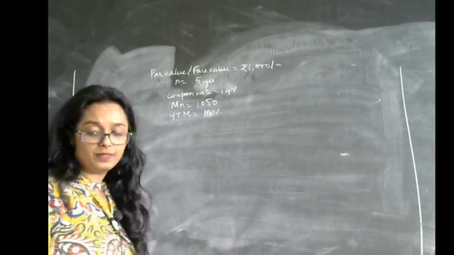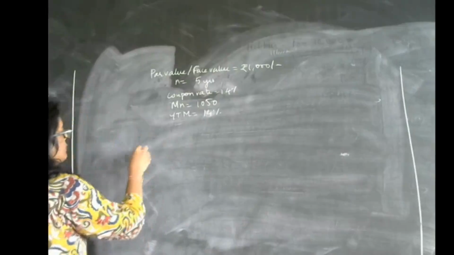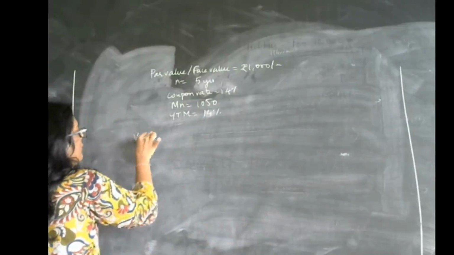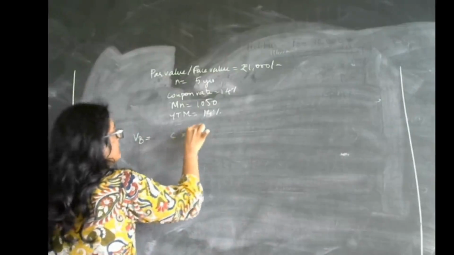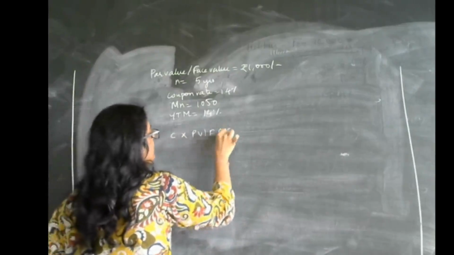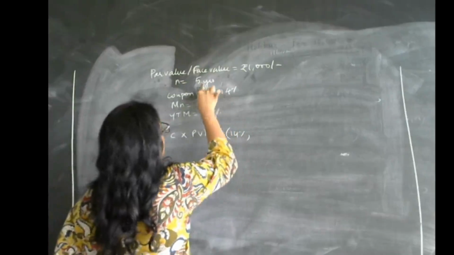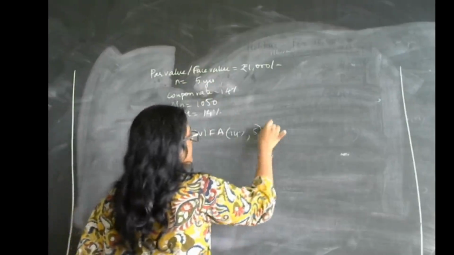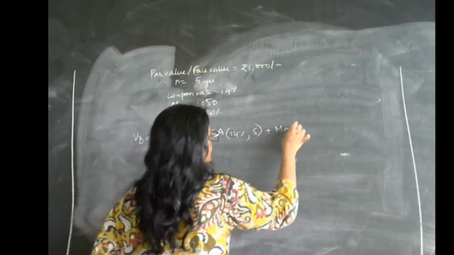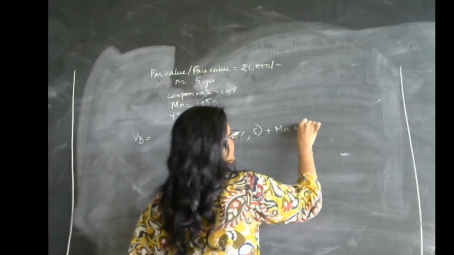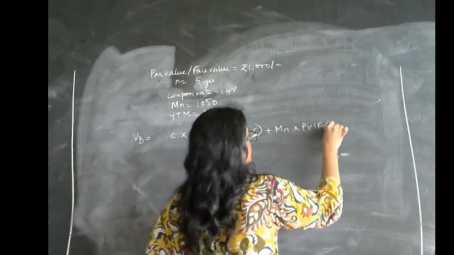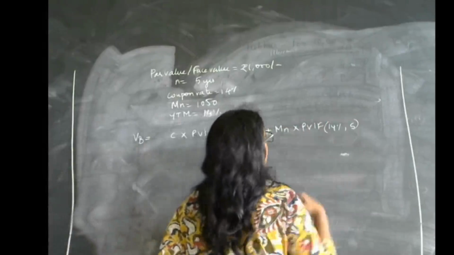So let us proceed ahead with calculation of the value of bond. This is a very simple problem, the same one which we solved before. Value of bond is equal to coupon into present value interest factor annuity at the rate of 14% for 5 years, plus maturity value into present value interest factor at the rate of 14% for 5 years.